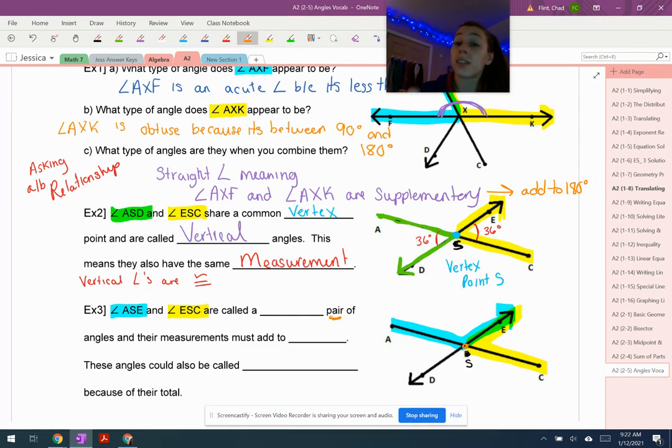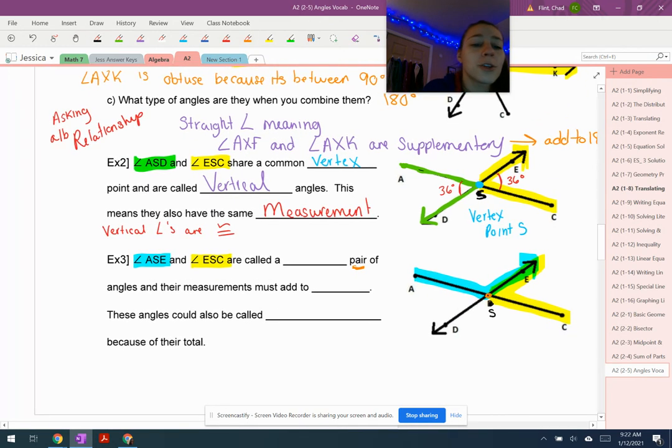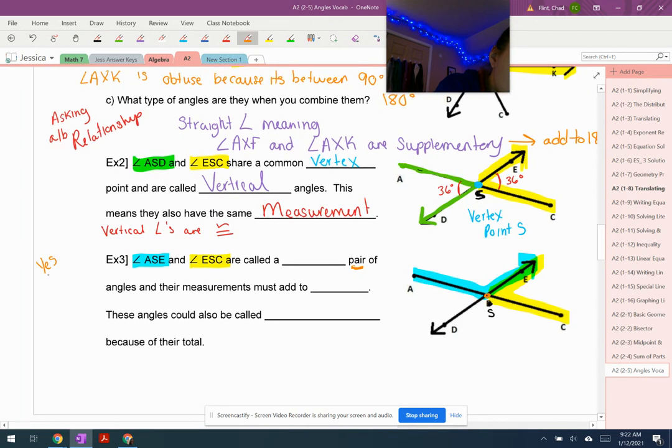We can't do anything with adjacent. Adjacent literally just tells us they're next to each other, and that doesn't give us anything. So yes, adjacent, but in reality, we don't care about that. So it's not wrong. They are adjacent, but we just don't really care about that. That's not a priority.